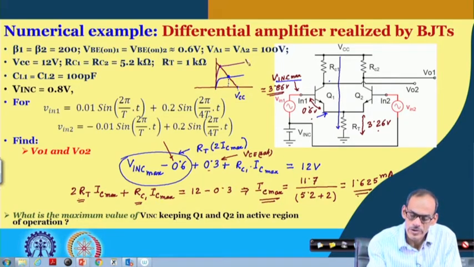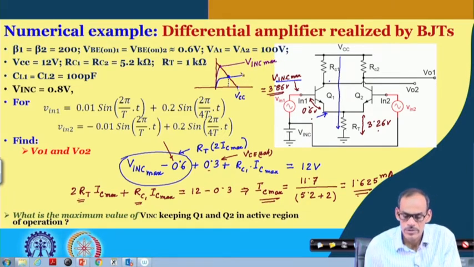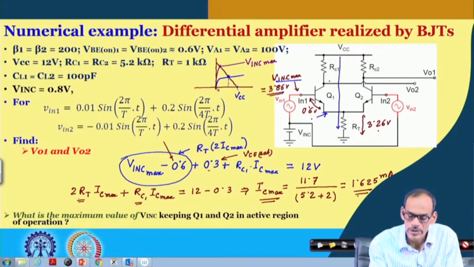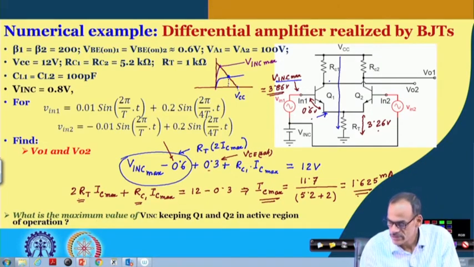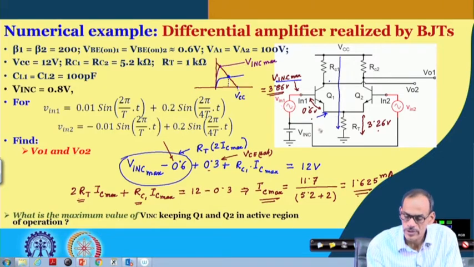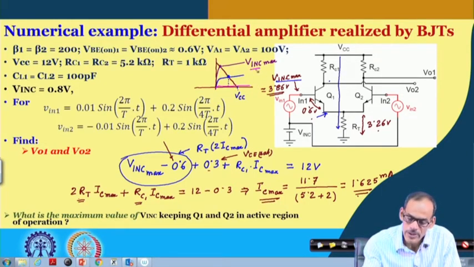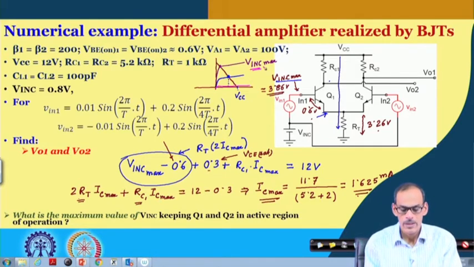So, this is corresponding to V_in_C max, and this is maybe some nominal case, and the other case we already have discussed, that if on the other hand V_in_C is approaching towards 0.6, then the characteristic curve will be like this. Okay. So, that gives us the range of V_in_C.